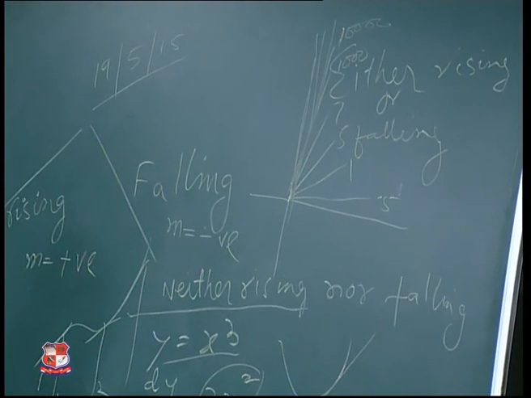So, these are the physical things. You should be able to see these things whenever there is a line, and whenever m is minus. How will you define whether a line is falling or rising? From left to right you have to tell. This is rising, always from left to right it is rising, this angle is rising, and from left to right it is falling.